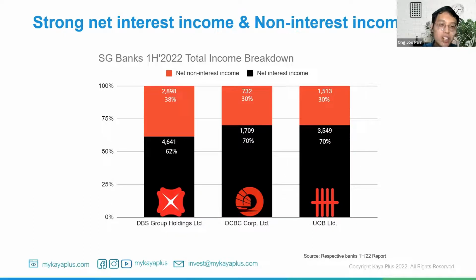As long as they continue to push that non-interest income revenue, the bank's overall performance should be stable and does not fluctuate as wildly, because they do not rely too heavily on the interest income portion, which can be affected by the OPR and other interest rate mechanisms.